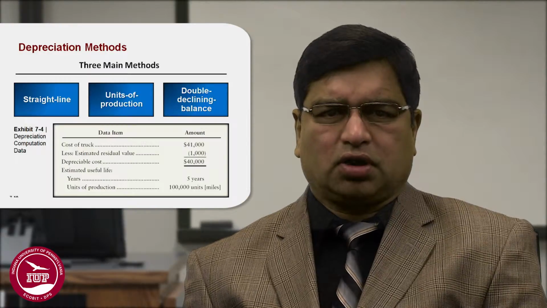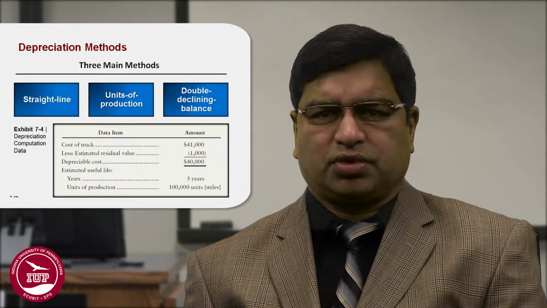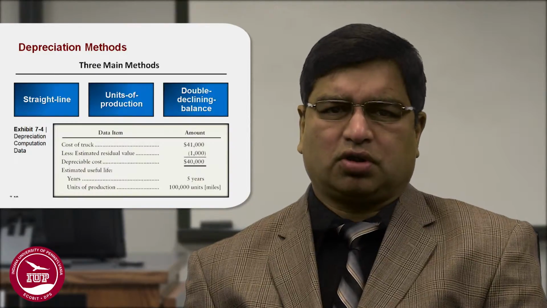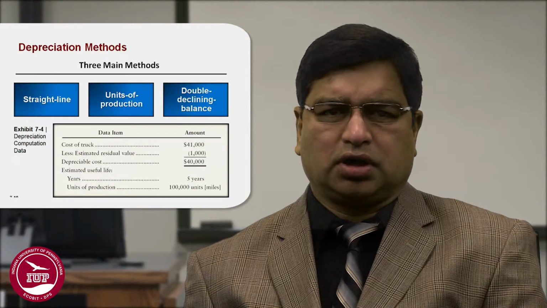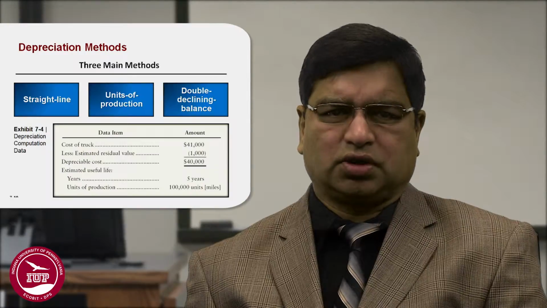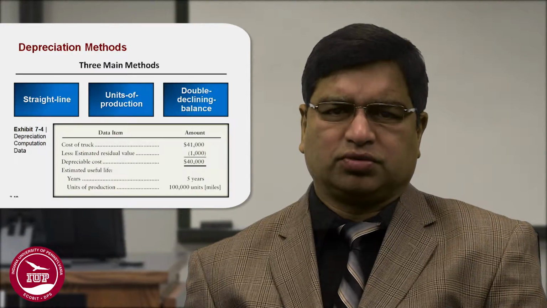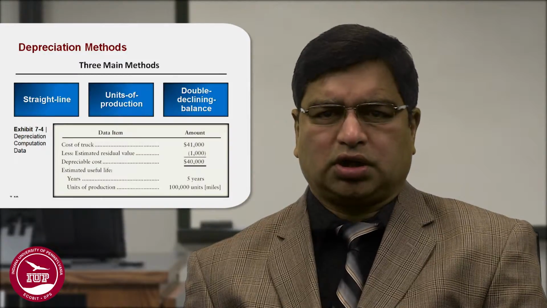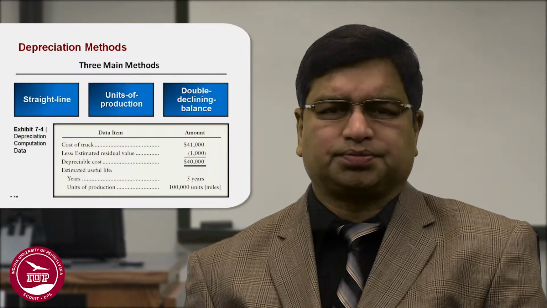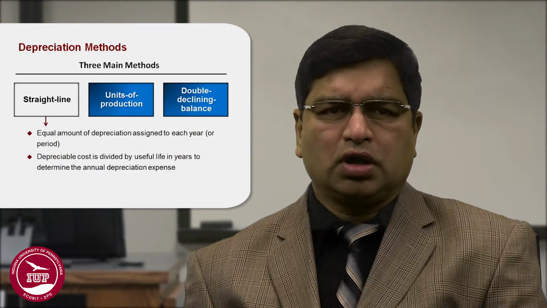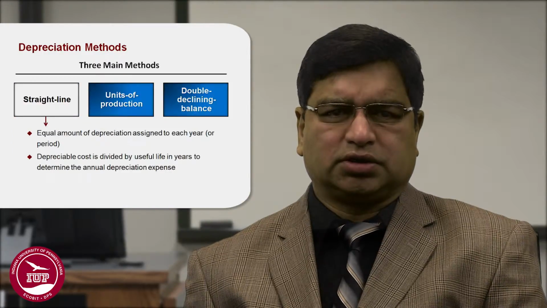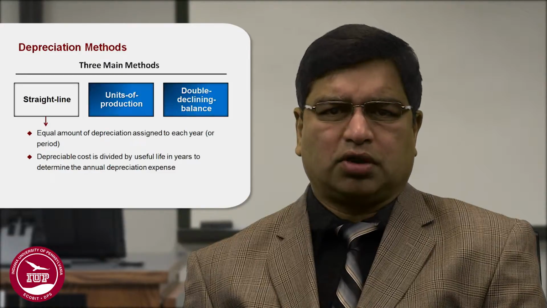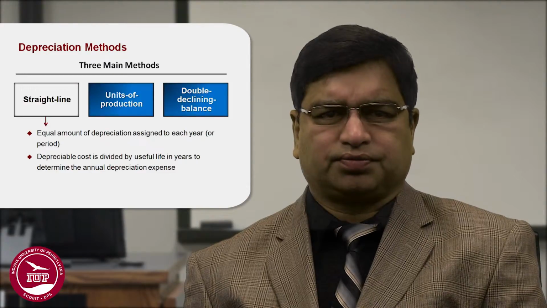Now, if you look at the cost of the truck and subtract the estimated residual value of 1,000, the depreciable cost of the asset, in this case a truck, is $40,000. Let's assume the estimated useful life is 5 years or 100,000 miles. If we use the straight line method, we depreciate an equal amount each year.